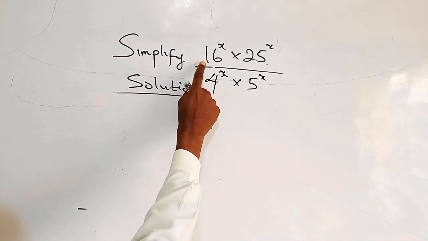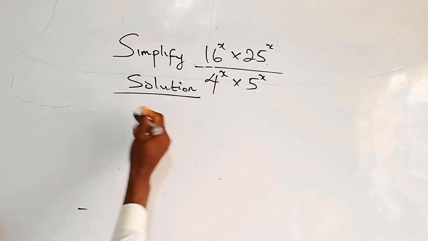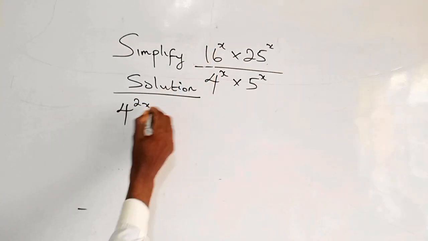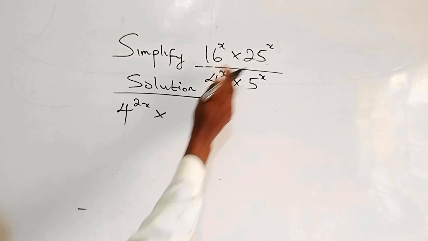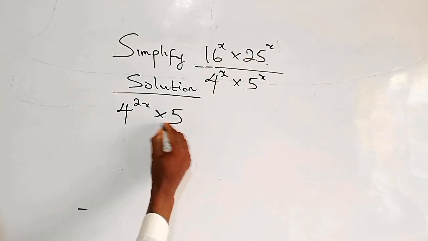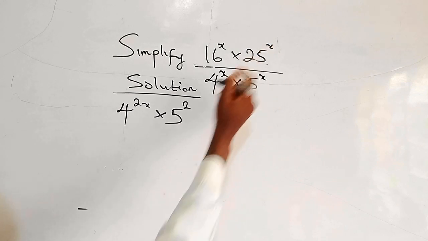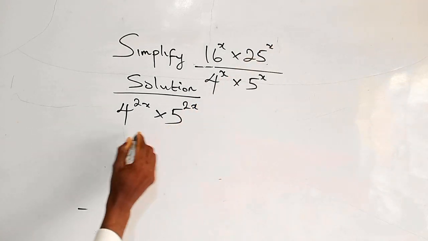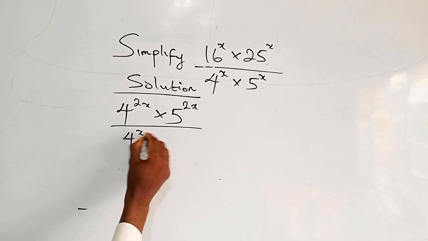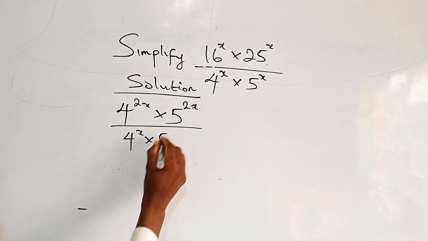To put 16 in the base of 4, I have 4 raised to power 2 times x, which is 2x, times, to put 25 in the base of 5, I have 5 raised to power 2x, divided by 4 raised to power x times 5 raised to power x.